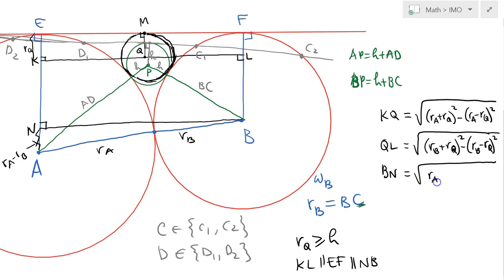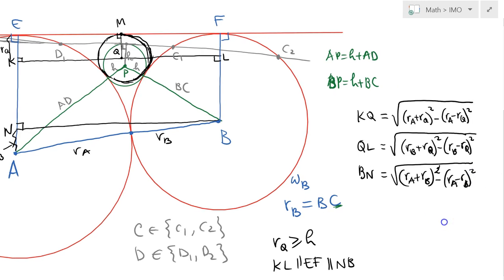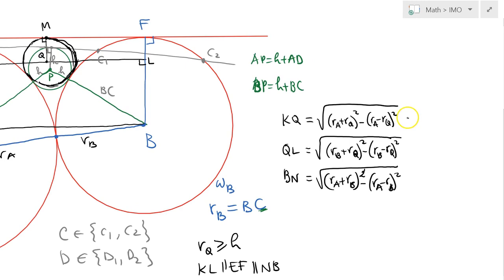So we get the square root of (RA plus RB) squared minus (RA minus RB) squared. Now we can play with these. If you just expand, RA squared will cancel, RQ squared will cancel, and what will remain for the first one is 4 times RA RQ, which is 2 times the square root of RA RQ.